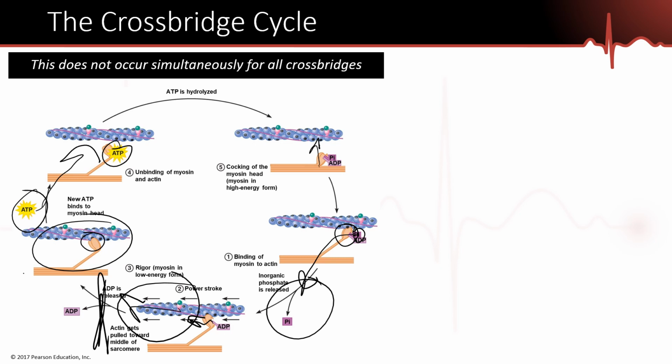We'll get to that. This is what everybody thinks of. The myosin head is constantly cycling in a direction that pushes or pulls the actin filament towards the M line.